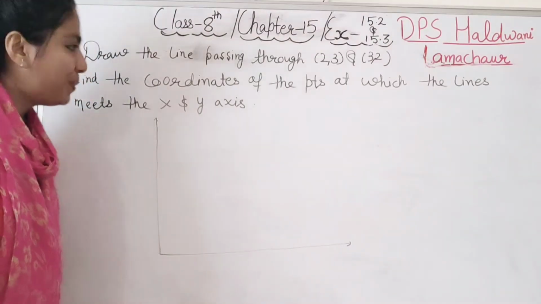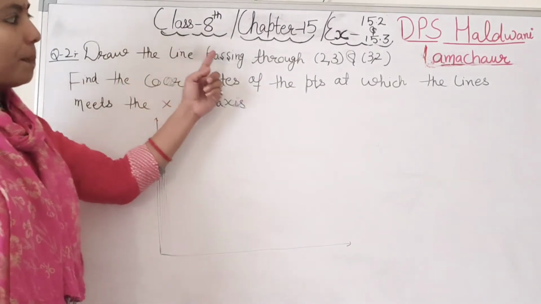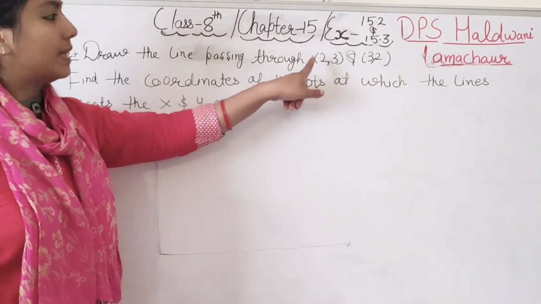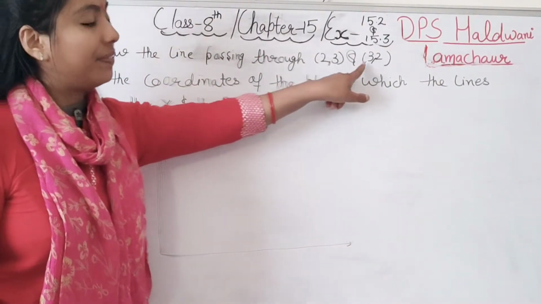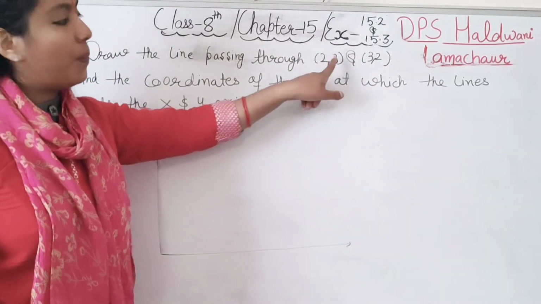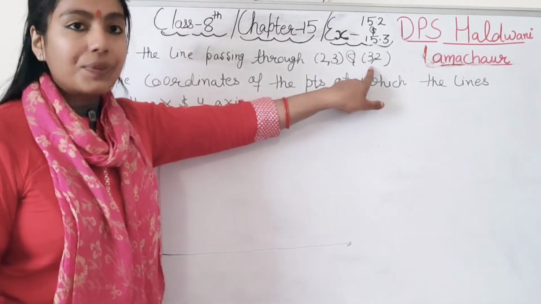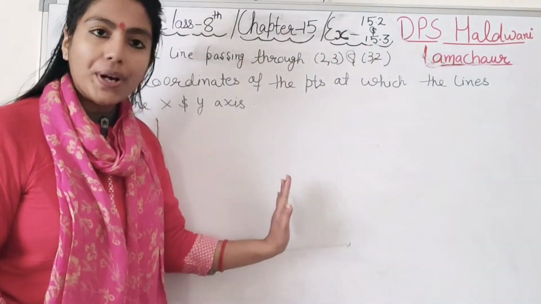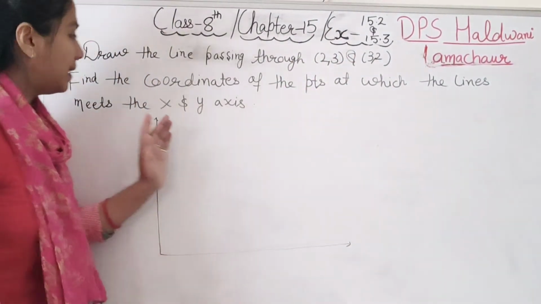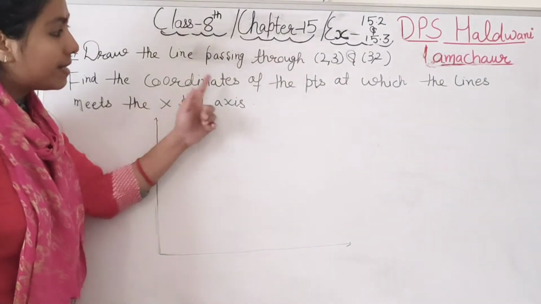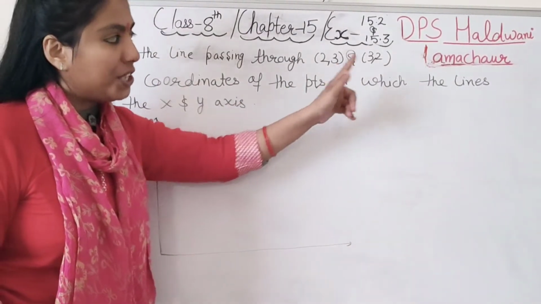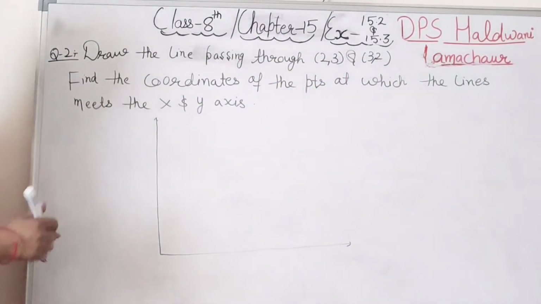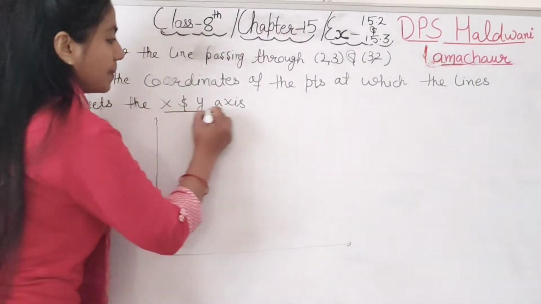Question number 2, students: draw the line passing through these coordinates, (2, 3) and (3, 2), meaning x is 2, y is 3, and x is 3, y is 2. You have to draw them on a graph. The next line: find the coordinates of the points at which the line meets the x and y axes.